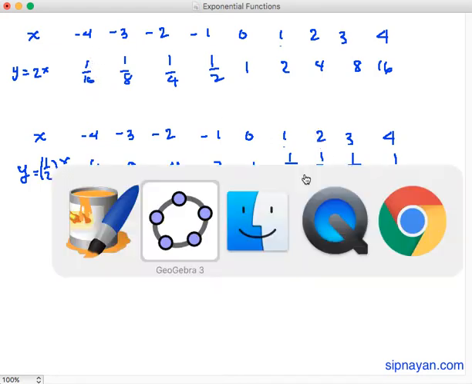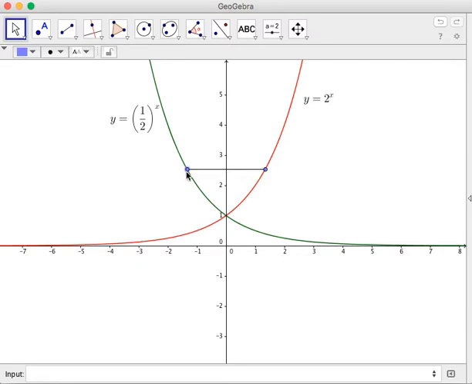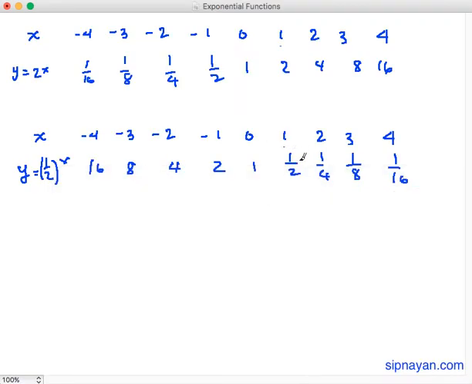They have the same y coordinate but different x coordinates, only opposite in sign.